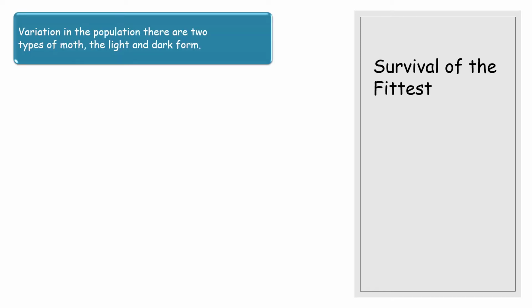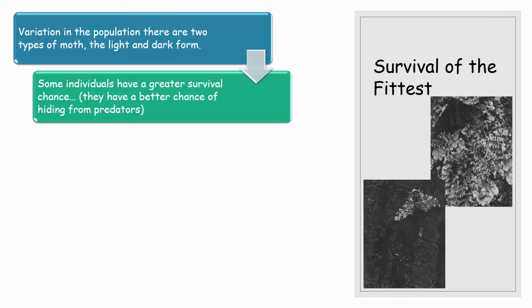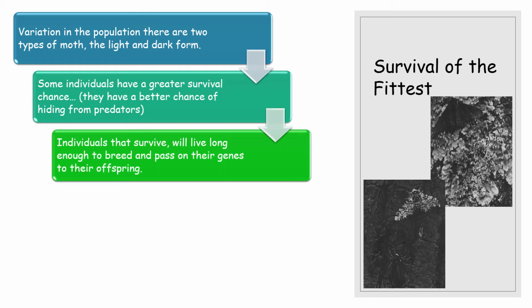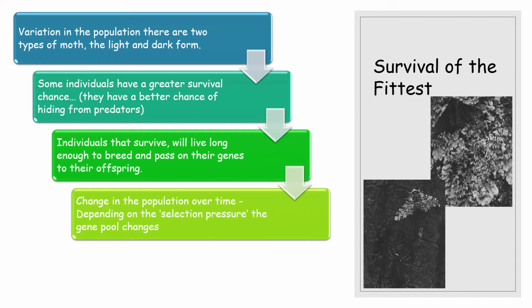So variation in the population, there's two types of moth, the light and the dark form. Some individuals have a greater chance of survival, so a better chance of hiding from predators in this example. Individuals that survive will live long enough to breed and pass on their genes to their offspring. We then get a change in population over time, so dependent on the selection pressure, the gene pool changes.